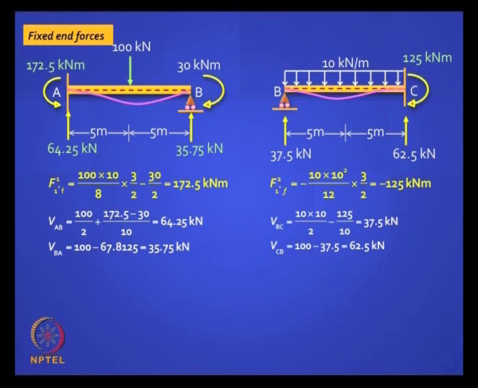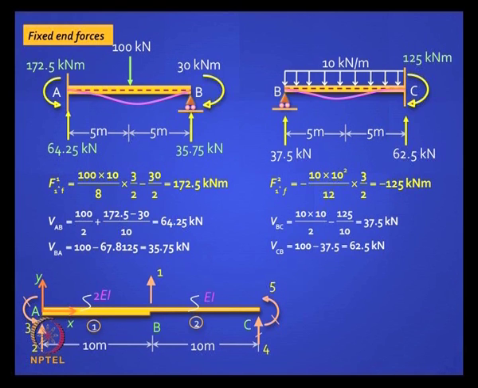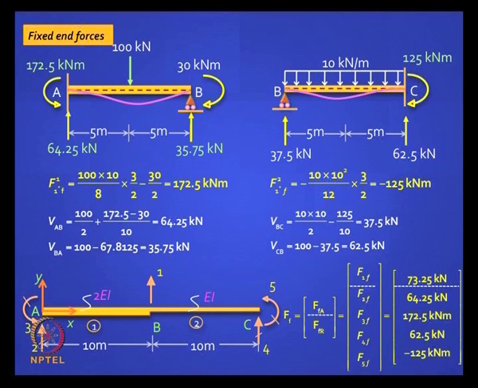Now can you assemble the fixed end force vector? Can you find out FFA and FFR? Well, it is easy, do it by inspection. Corresponding to this coordinate 1, you have to add up this reaction and this reaction, right?